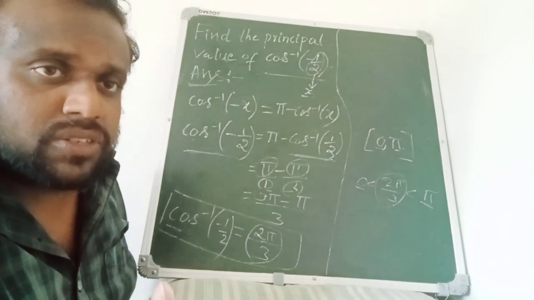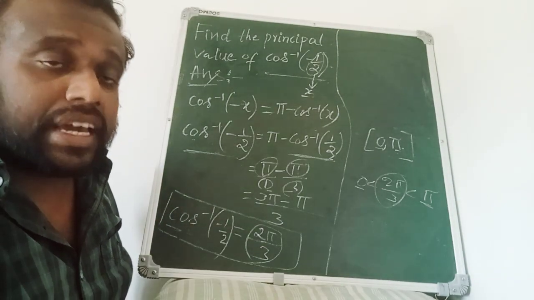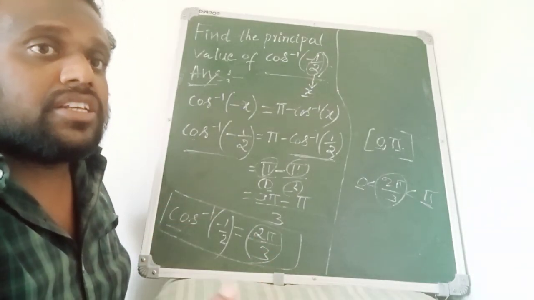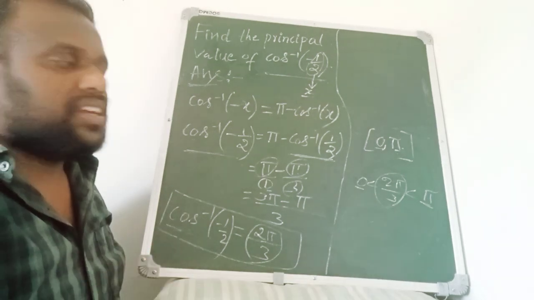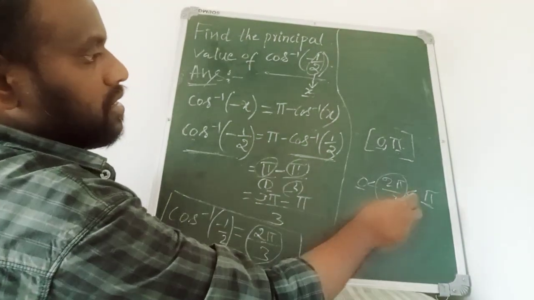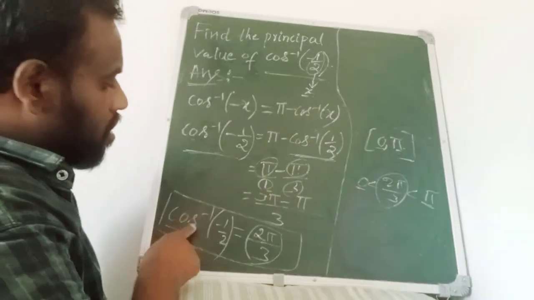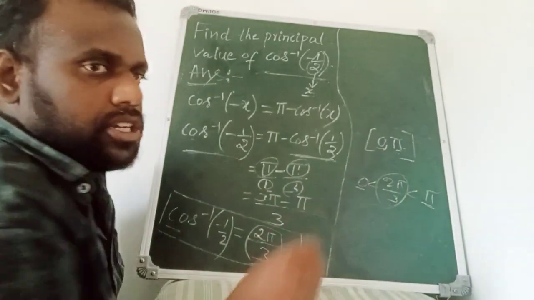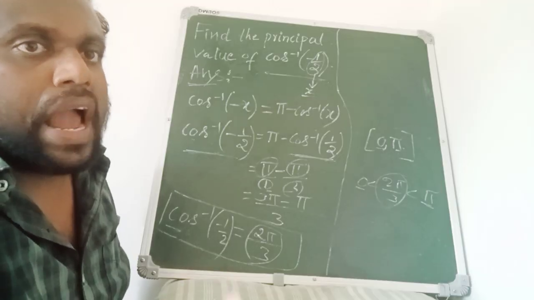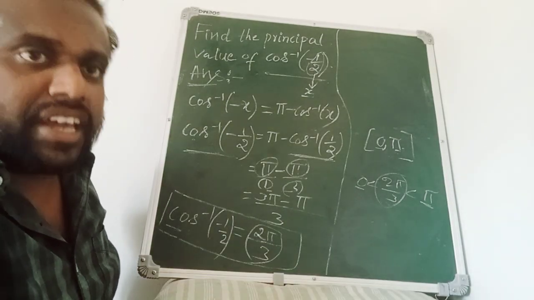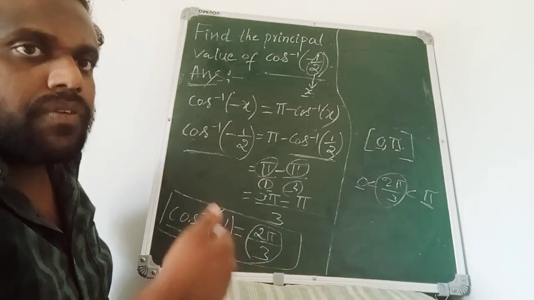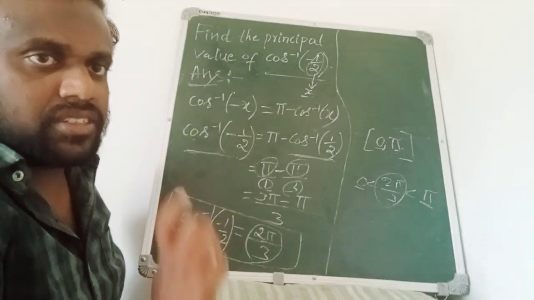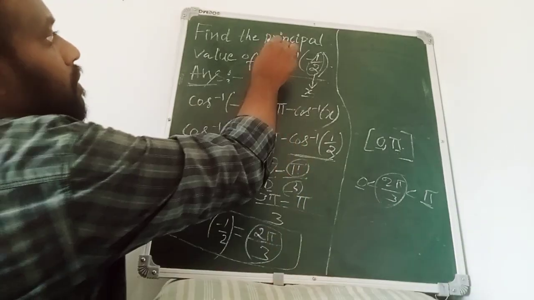If the cos inverse function value lies within the range, then it is called the principal value. It does not go beyond the range of cos inverse.